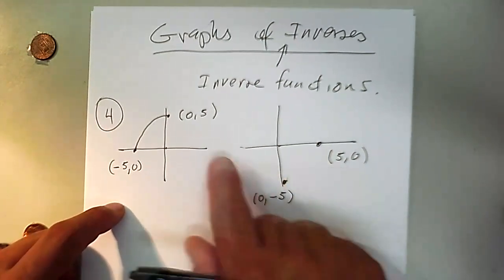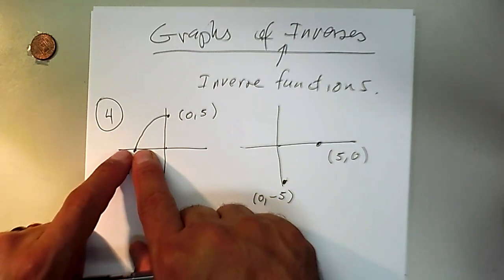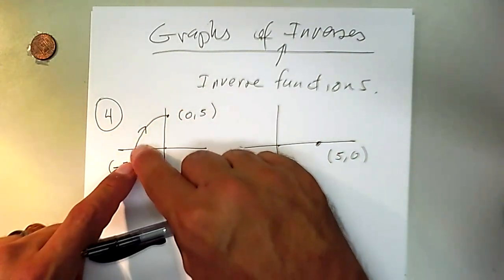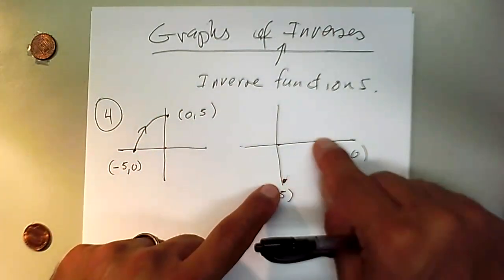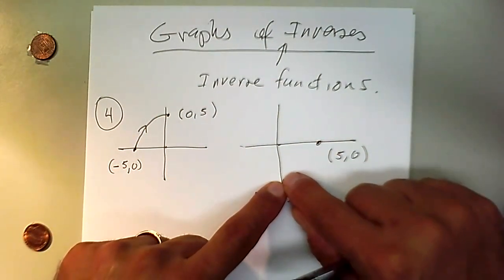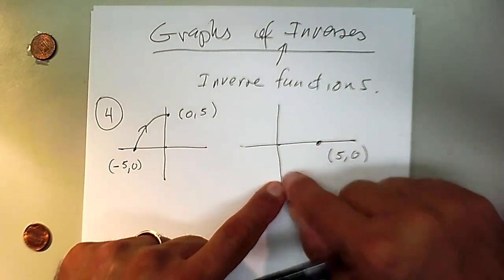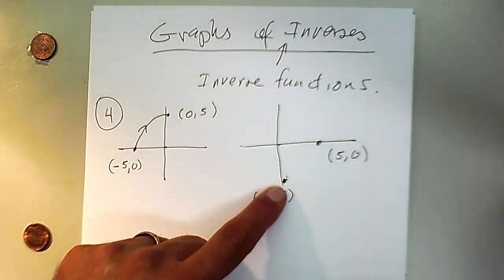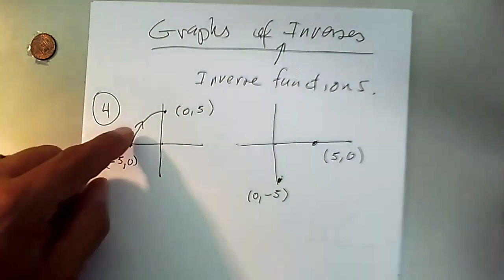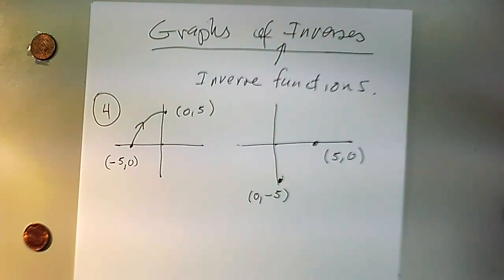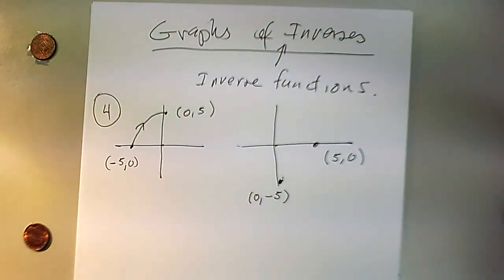Okay, so the initial point, the starting point goes from here to there. So now we go from here to here. But the question now remains, do we arch this way or do we arch the other way? Because there's two ways to, or do we go straight? Well, we don't go straight because, so the question is, what do we do?